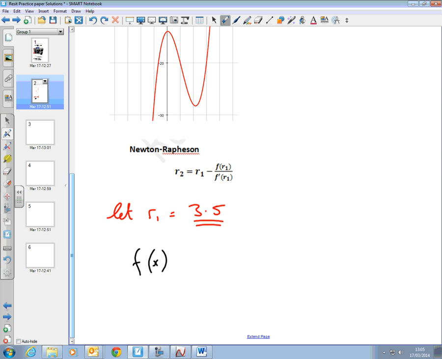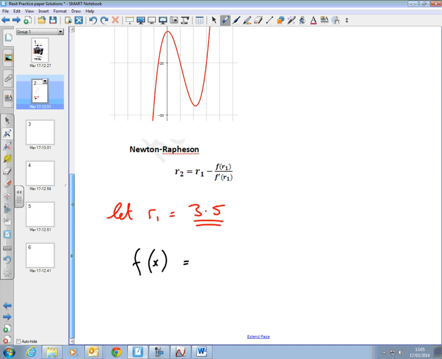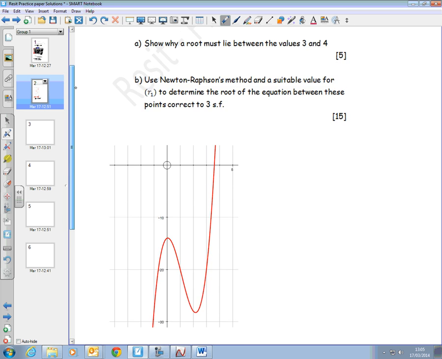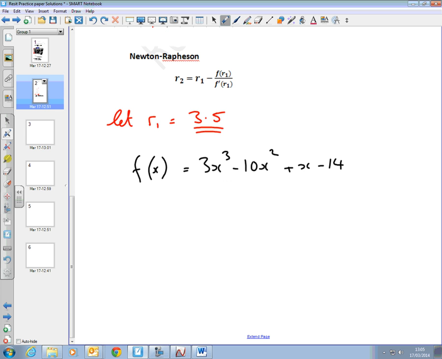The function of x is given, and that's 3x cubed minus 10x squared plus x minus 14. So it's not an equation, we don't write equals 0, we've actually got the function. And we're after the value of x so that this function equals 0. That's the whole idea of it.